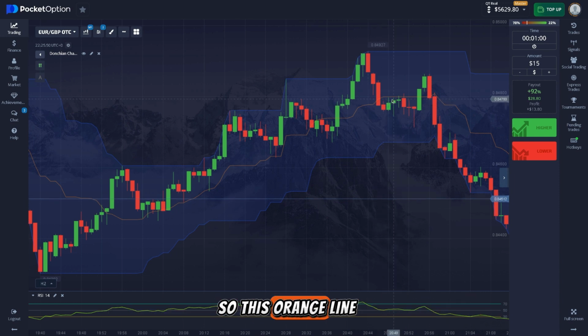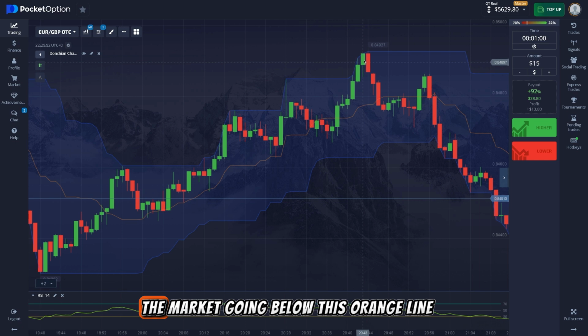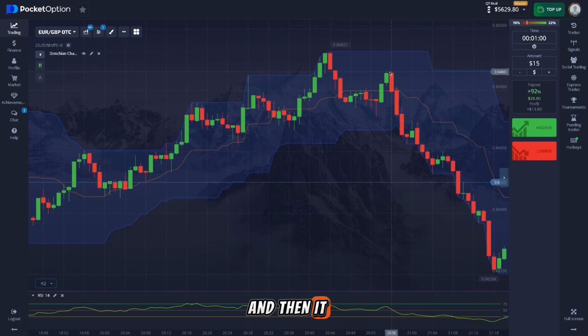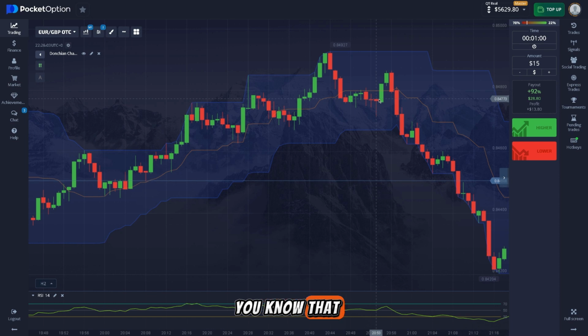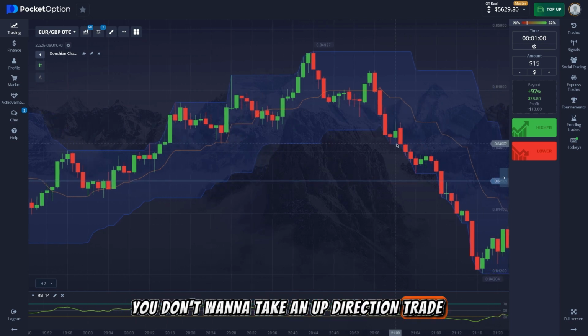So with this orange line, when you see the market going below it and then it starts making a new lower low, you know that you don't want to take an up direction trade now.